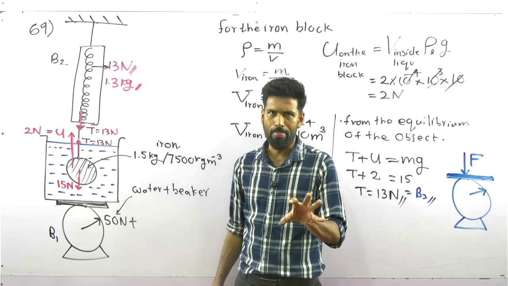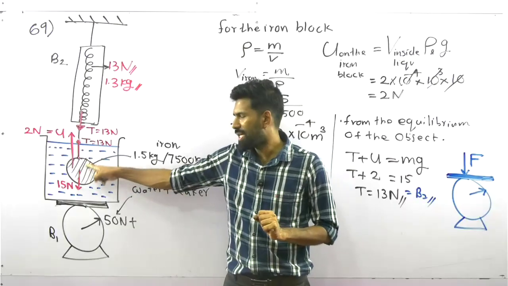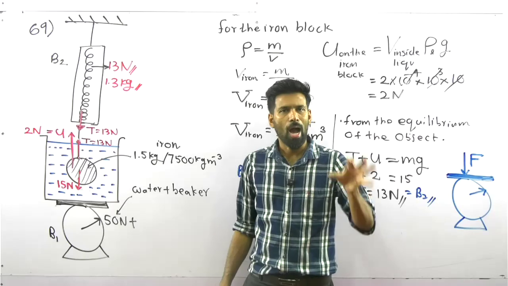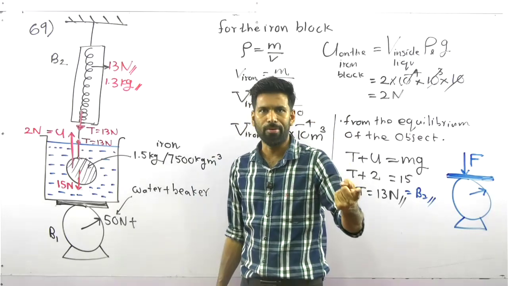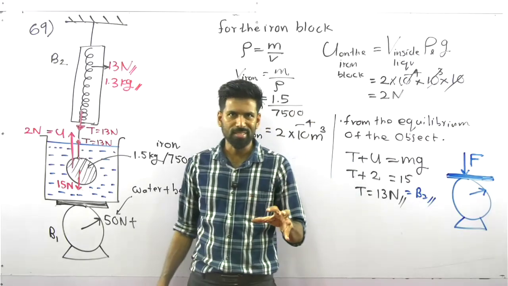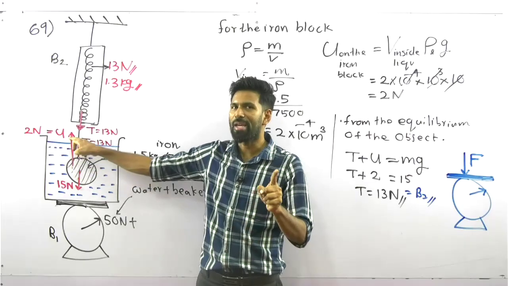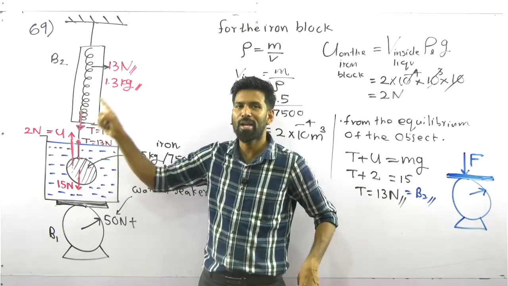So if the upthrust is 2 newtons, what do you mean by the upthrust? Upthrust is the force acting on the object by the liquid. So from the liquid on the object, it's a 2 Newton upthrust.